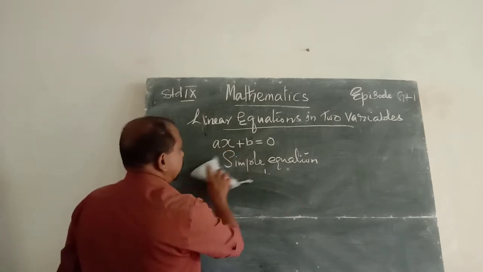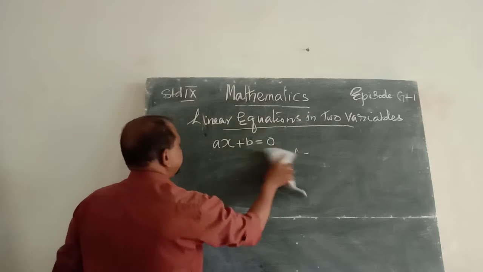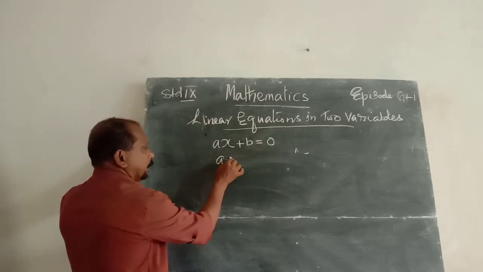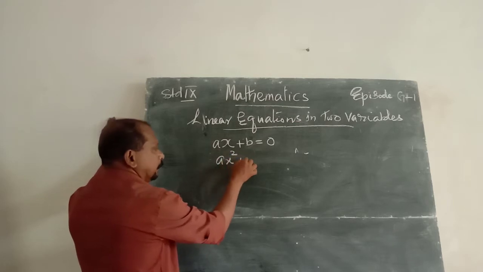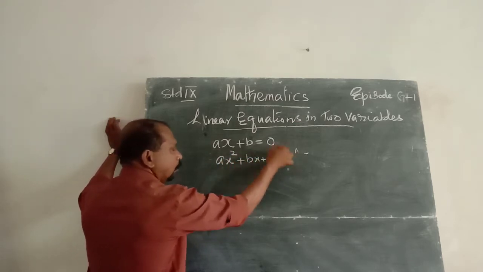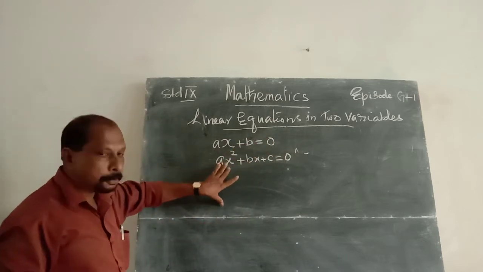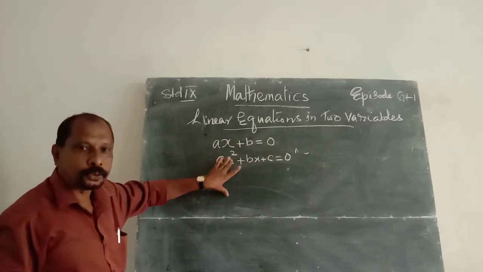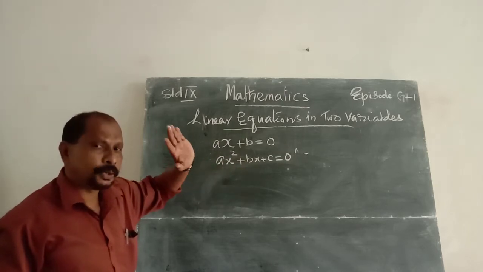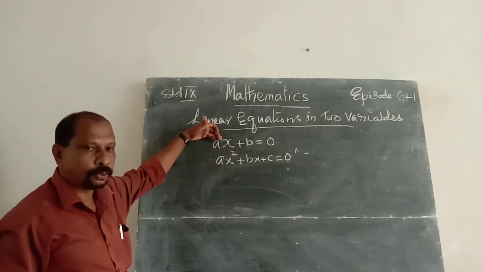Then let us consider another equation, that is ax squared plus bx plus c is equal to 0. The highest power of that variable is 2, therefore it is a second degree equation. First degree equation means power is equal to 1.